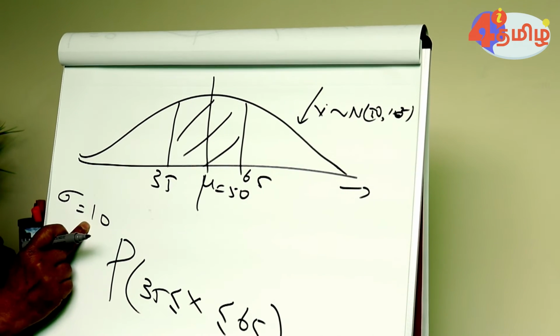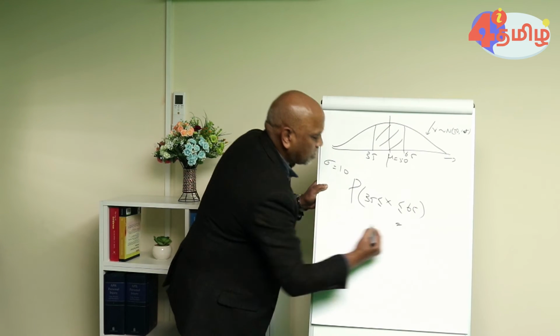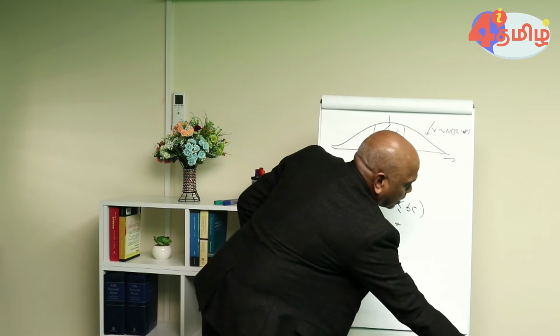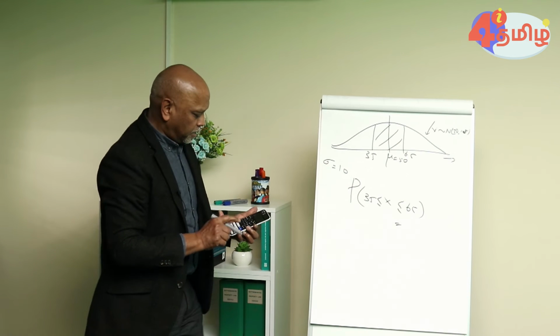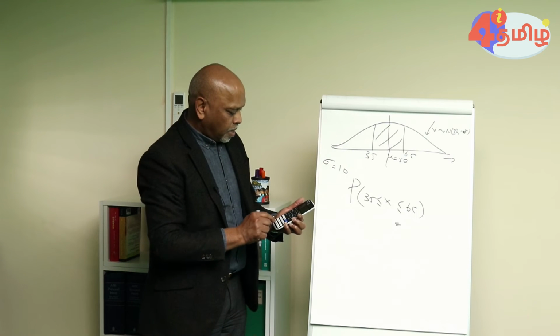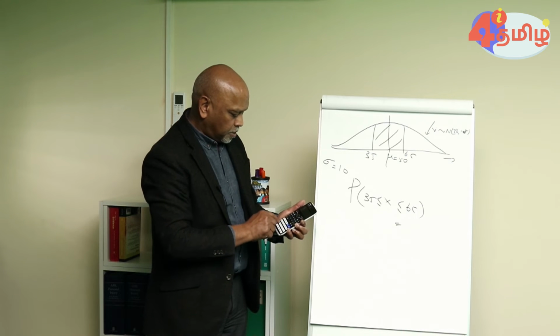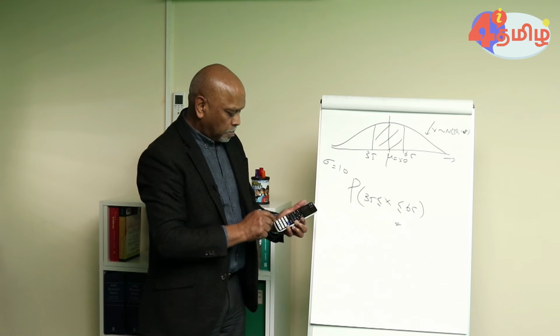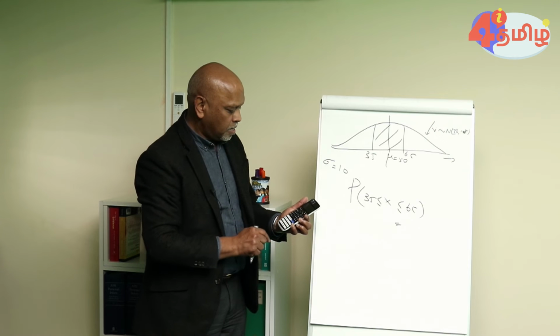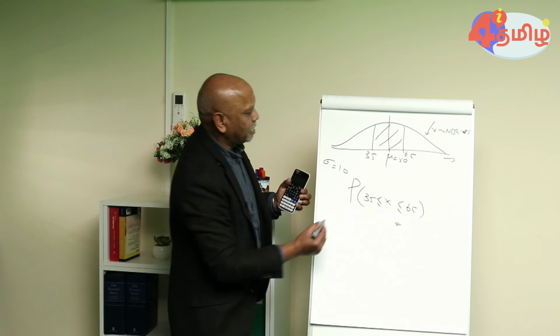It asks what the standard deviation is, 10. When you do that, it'll give you the answer. Let's see whether we can find that. Lower value 35, upper value 65, standard deviation 10, mu is 50. The answer is 0.866.